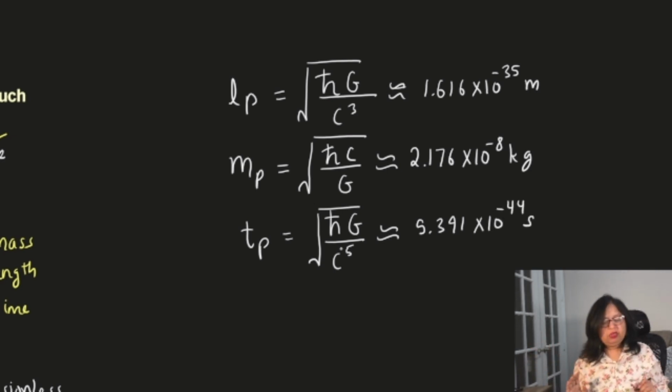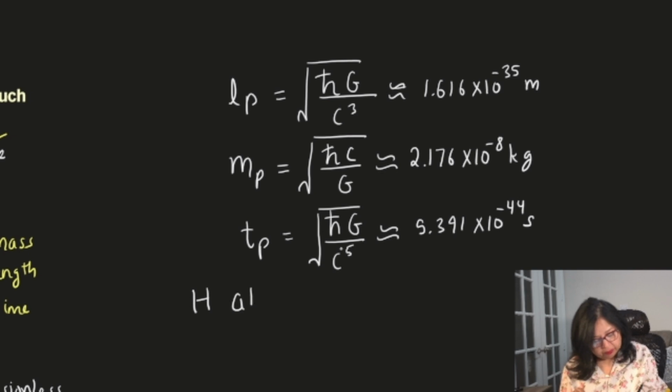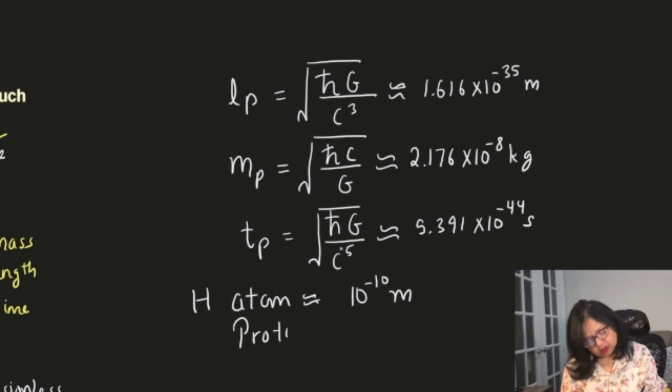Now, just for the sake of comparison about how small or how big these numbers are, the size of a hydrogen atom is about 10 to the power minus 10 meters, and size of a proton is about 10 to the power minus 15 meters.